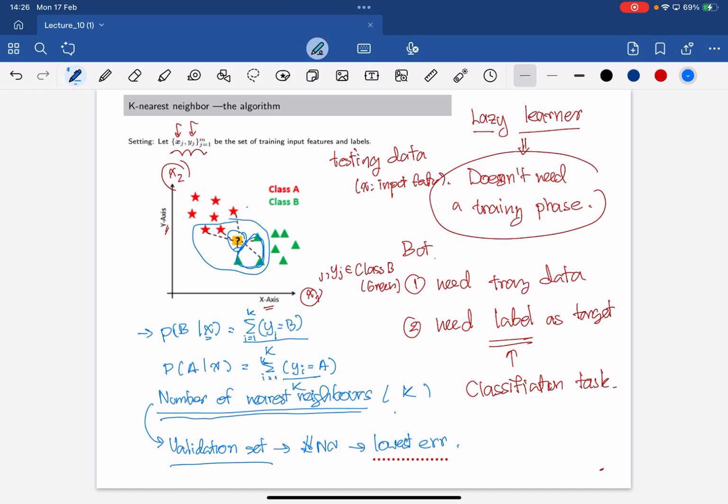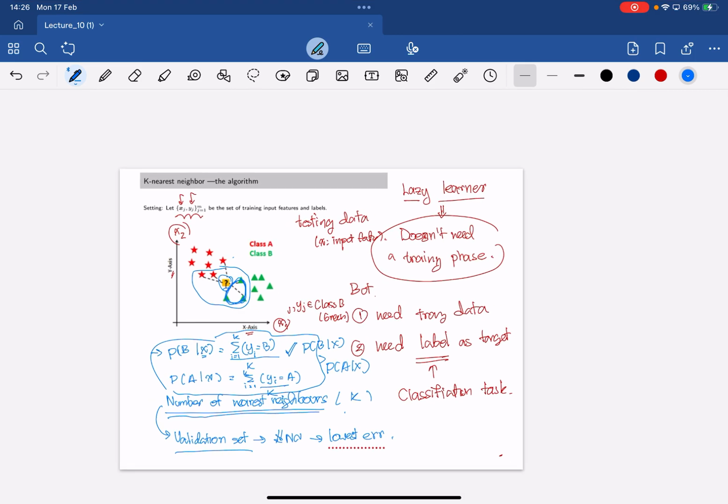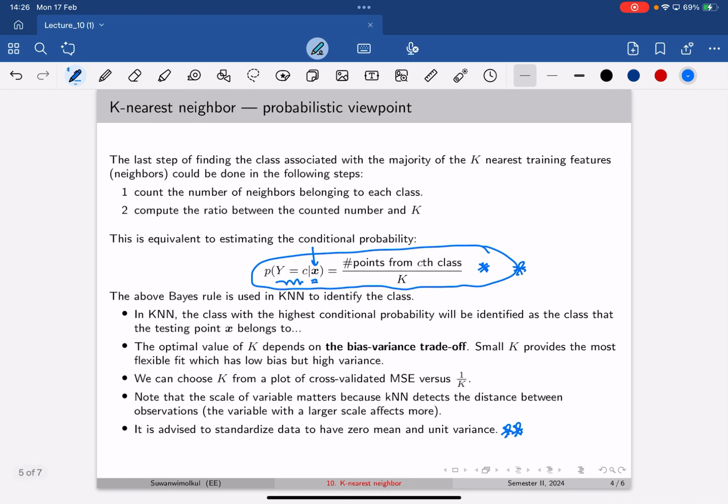In this case, if more of the samples within your neighbors are in class B, definitely you will have a higher value of P of B given X, larger than P of A given X. So when we do the counting like this, it's equivalent, as if we were computing the conditional probability of belonging to one class given our input sample. So that is the information that was written here.